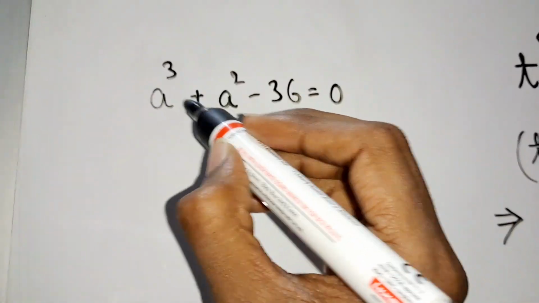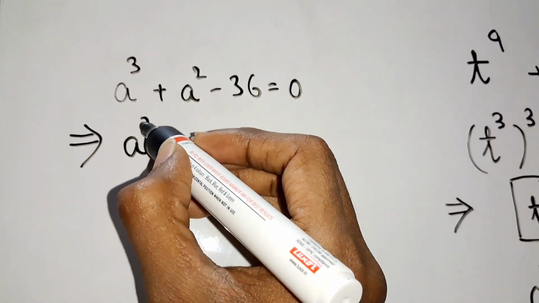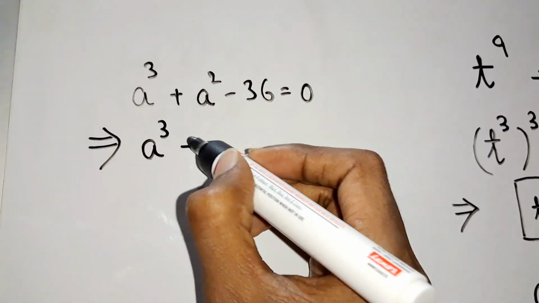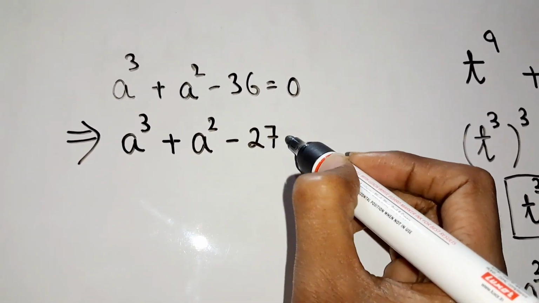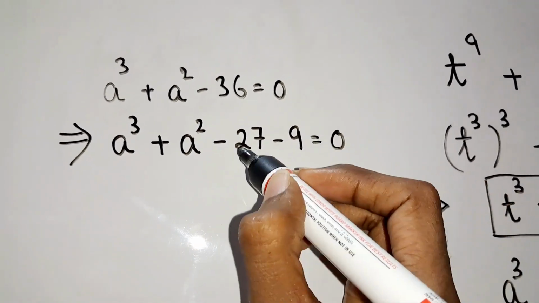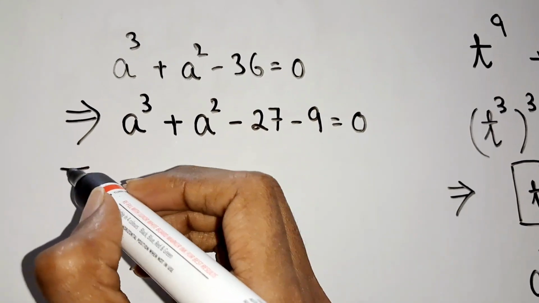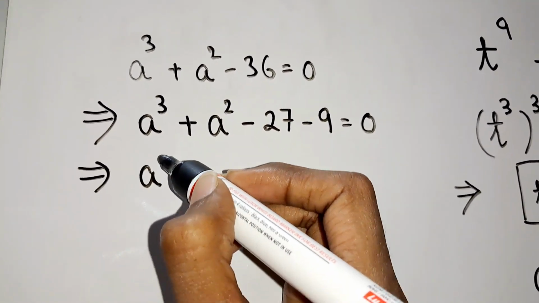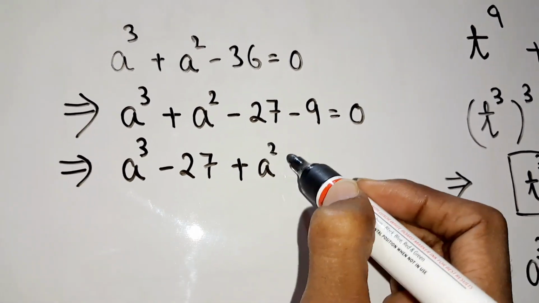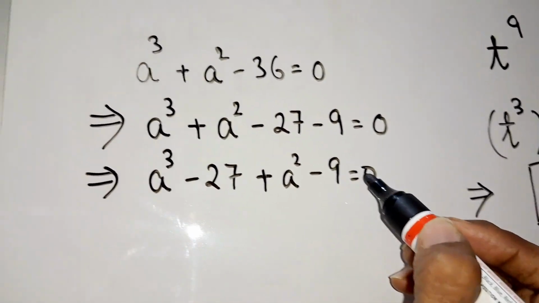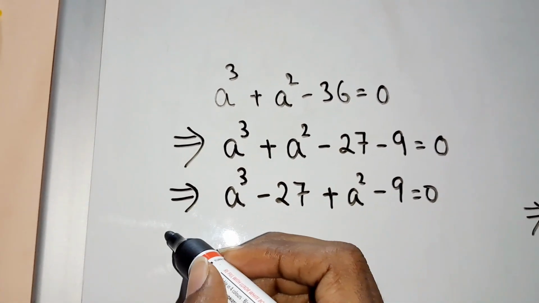Now for factorizing this, we can directly take some guess values. We can write 36 as 27 plus 9. Then 27 can be taken to this side and 9 to the other side. We just want to factorize it by some other method.